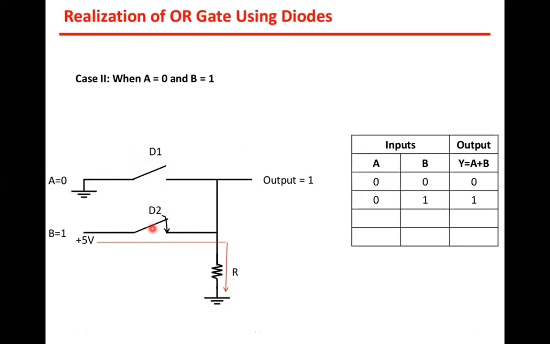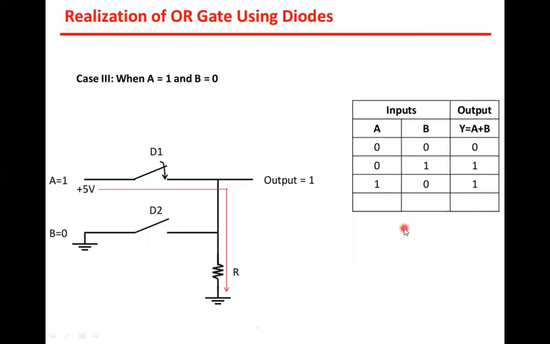So when A is low and B is high, the lower diode is forward bias so that the current flows through the load resistance and output is high. As I told you, we are measuring output across this point and the ground point. It means there is a current flowing through this particular load resistance. So we can say that when 0 and 1 are the input, the output is 1.